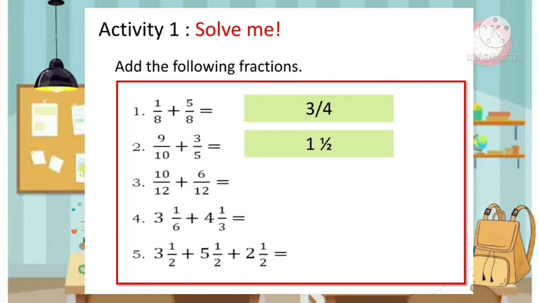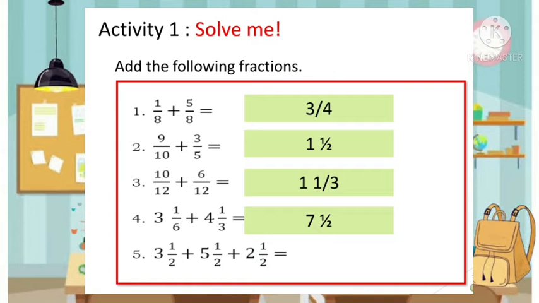For number 3, 10/12 plus 6/12 equals. Okay, correct. 1 1/3. For number 4, we have 3 1/6 plus 4 1/3 equals. What is your answer?